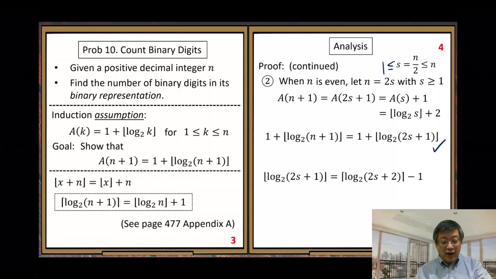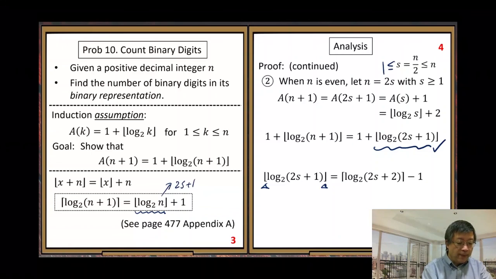Now, because we need to simplify that expression, and here it's the floor function, we should use the floor function like this. n equals 2s plus 1.